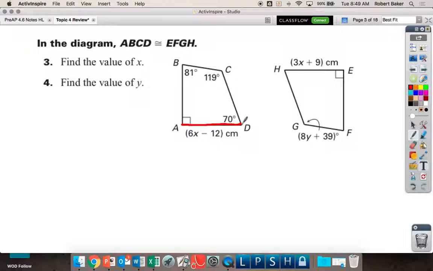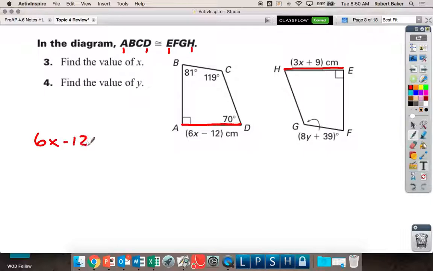That's AD. So which line on the other side corresponds to line AD? Line EH, the first letter and the last letter, correspond to each other. So these two things are described as congruent pieces, or CPCTC, for those two shapes.